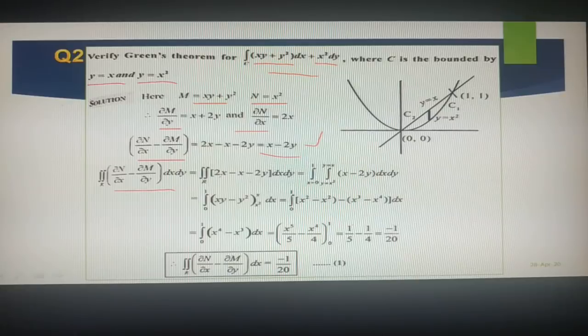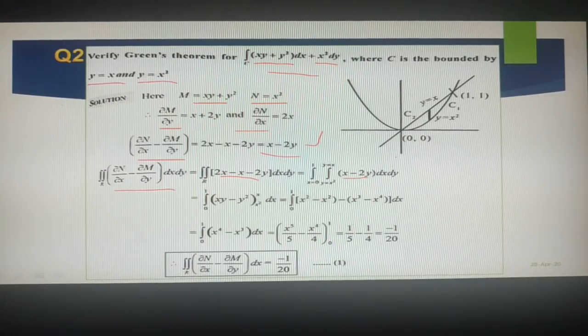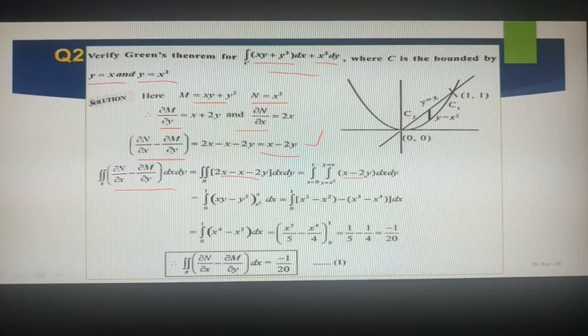Same thing we have taken here, x minus 2y, and again here we have to get the limits in this region of the double integral. How to get the region? If we see, 0,0 is one point and 1,1 is another point of intersection. So let us assume x is changing from 0 to 1, then y is entering at y equal to x square and exiting at y equal to x.